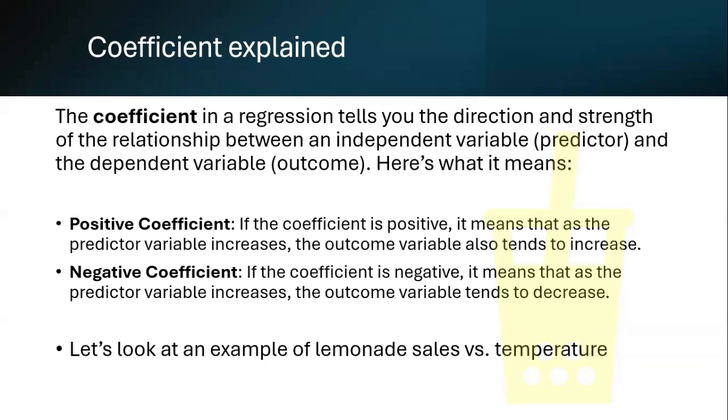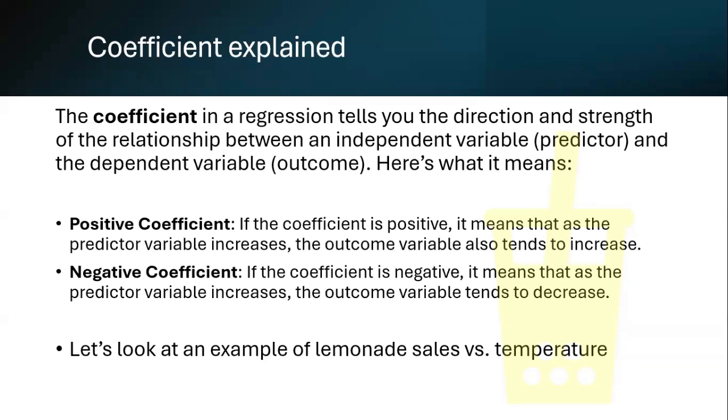A negative coefficient means that as the predictor variable increases, the outcome decreases. So let's say, and again, I'm just kind of pulling this off the top of my head, if the price of oil goes up, the price of the Sam Adams stock goes down. So there is a negative correlation or a negative coefficient.